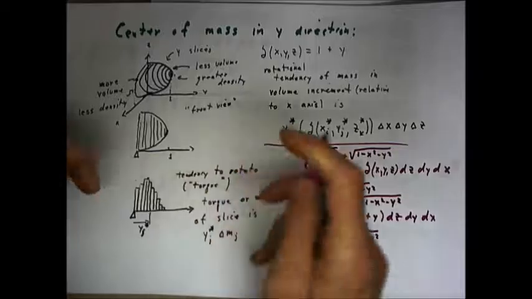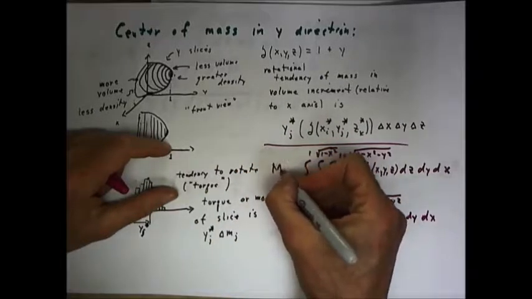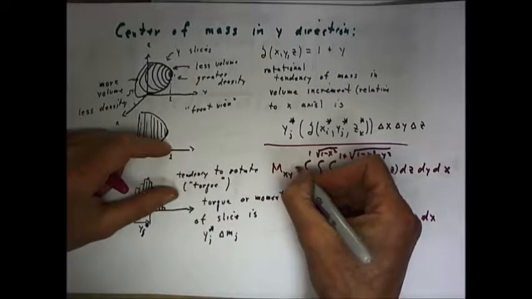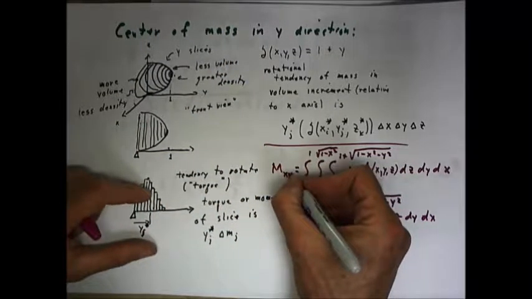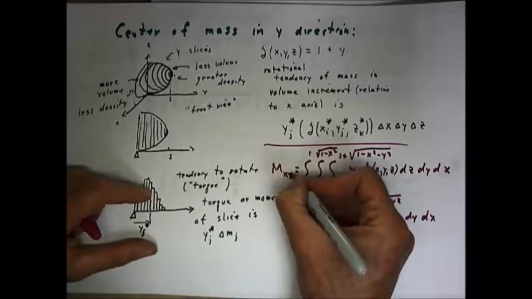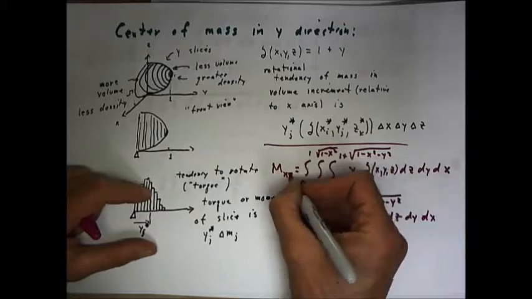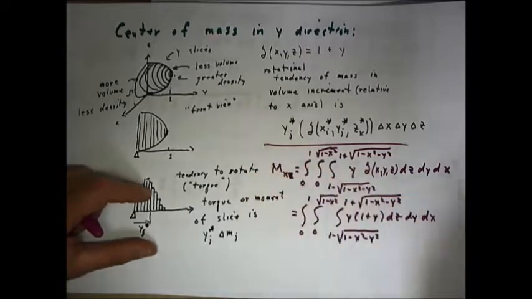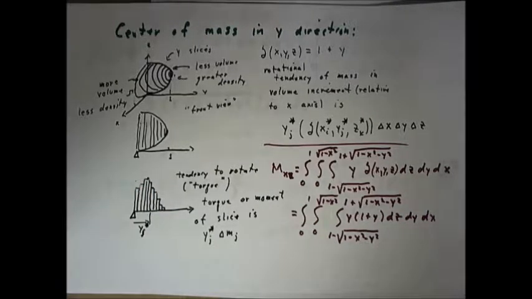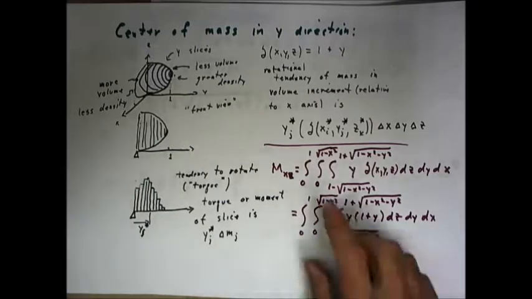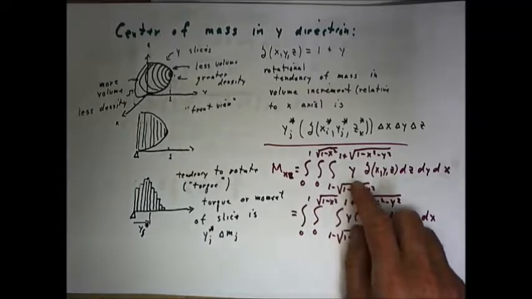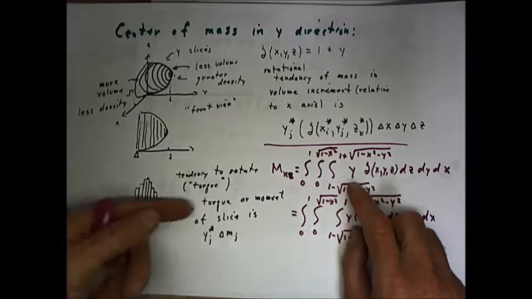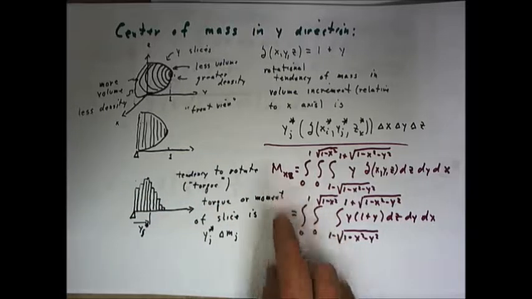So we call this the moment about the xz plane. So that's Mxz. The moment that results from a changing y is relative to the plane perpendicular to the y-axis. So that's the moment xz.